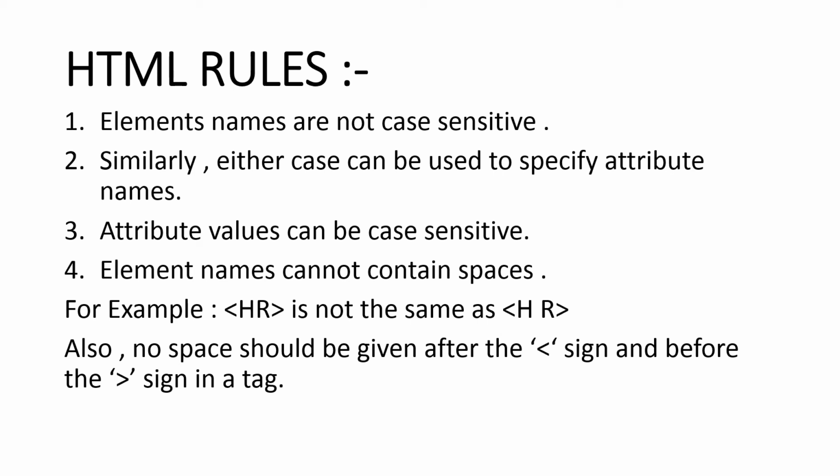Then next is element names cannot contain spaces. Fine. For example, HR is not the same as H R, as you can see on the screen. There is no space between H and R. If you are giving a space between H and R, then it is not defined in the HTML code.